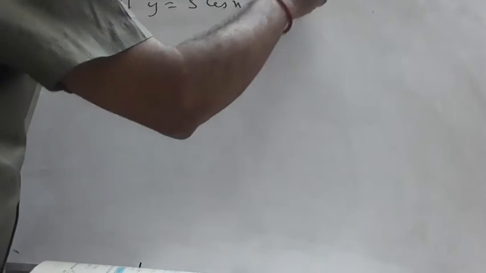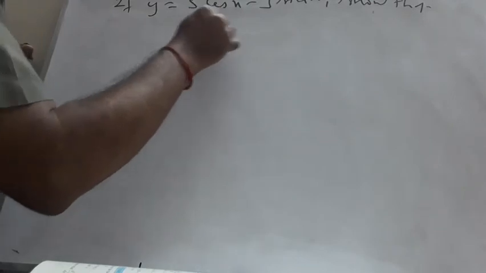Next, you are given: if y is equal to 5 cos x minus 3 sin x, then show that y2 plus y is equal to 0. Answer: y is equal to 5 cos x minus 3 sin x.